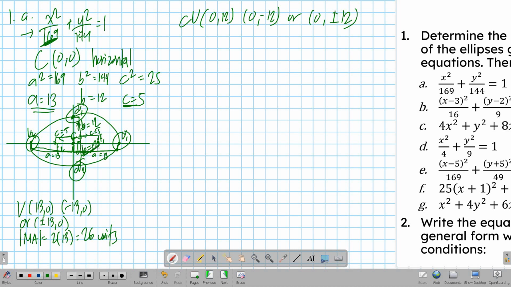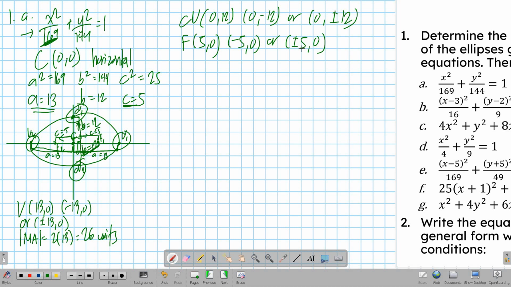So if the vertices are moving from left to right of the center, so do the foci. So from 0, 0 to 5, one of the foci would be 5, 0, and to the left of 0, 0, 5 units, that's negative 5, 0, or that would be plus minus 5, 0.